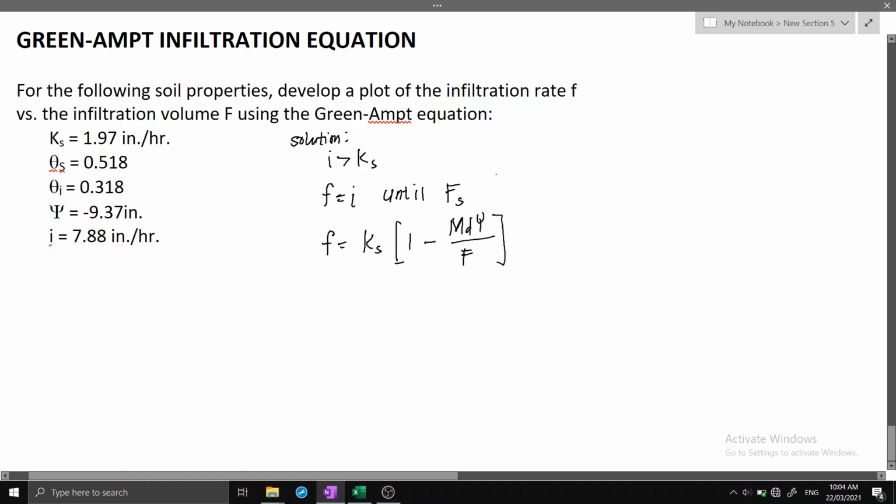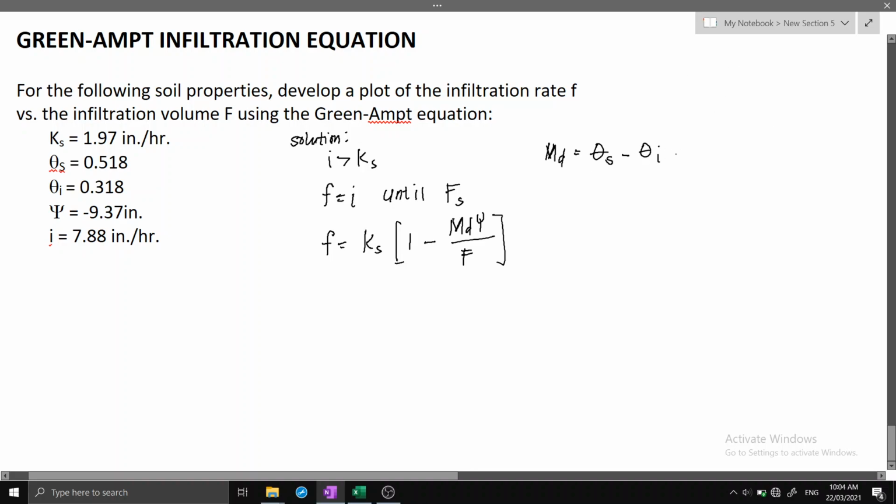So MD is simply equal to the saturated moisture content minus the initial moisture content, because the initial moisture content is the actual moisture content of the soil, and theta S, the saturated moisture content, is the moisture content of the soil when all the voids of the soil are occupied by water.